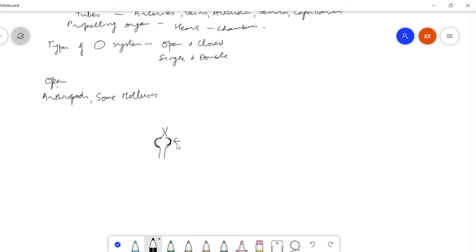So this is the heart. Then there might be a tube that takes it away, and therefore we call that either an aorta or an artery. So there is an aorta, a distributing vessel.